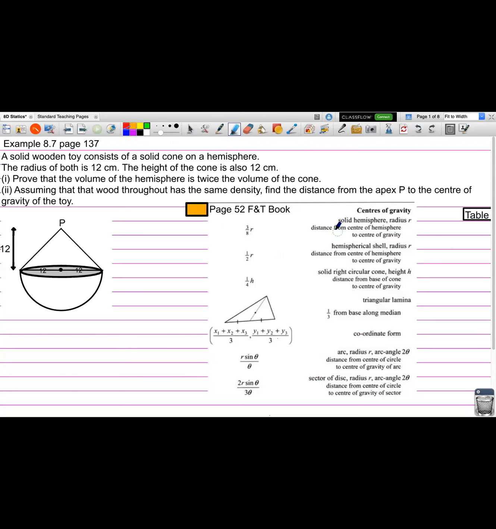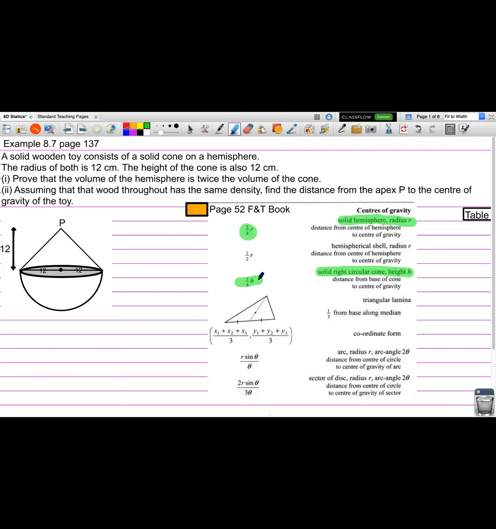of a hemisphere, where is it now? Solid hemisphere, is 3/8 from the center of the hemisphere. So it's 3/8 from here going down. So the formula is there in the formula book. In terms of a cone, here it says here, we've got a right circular cone.